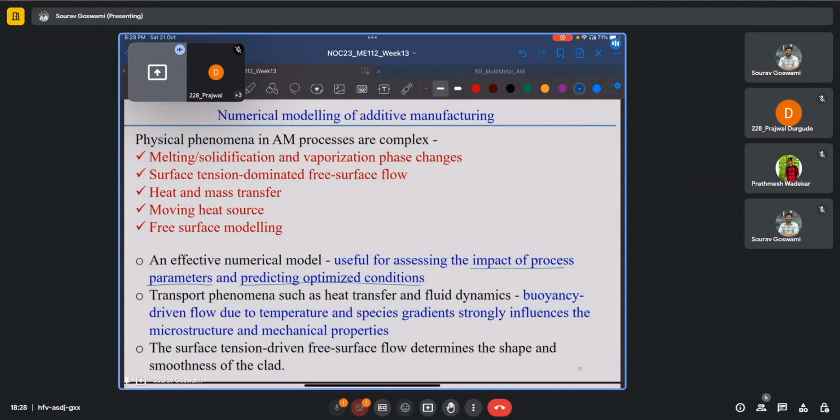This is in addition to the lasing system itself, which is very sophisticated and costly. Thus, performing a large number of experimental trials to obtain the optimized conditions via trial and error is not really very economic. So it would be better if we are able to develop a computational model of the process which is faithful enough to give us some useful inferences and can prevent the need for performing a large number of trial and error experiments.